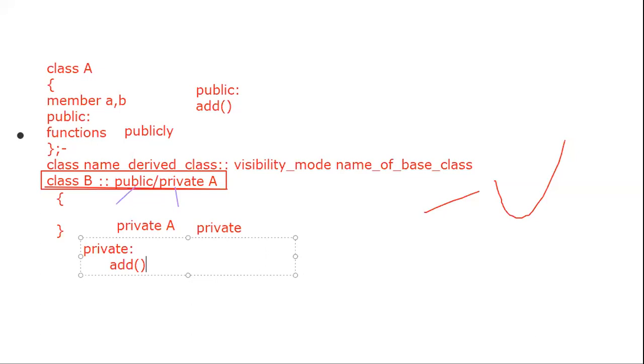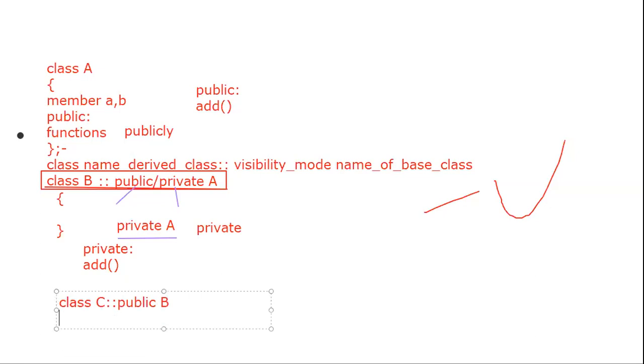So that particular function which is available inside class A publicly, when we inherit with the help of private visibility mode, is available privately inside class B. Now suppose one more class C is going to access this particular class B. Now in this case, is that particular add function available or not?